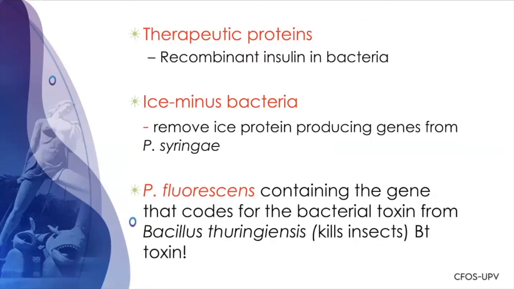Okay, medyo binibilisan ko lang class ha. Okay, so we also have therapeutic proteins, recombinant insulin in bacteria. So I don't know if nalampasan na natin yung insulin, pig insulin or insulin from animal and insulin from humans, no? Mas cheaper na ngayon yung nakukuha nating insulin from human, aside from its being more effective, no? As an insulin para sa mga diabetic people.